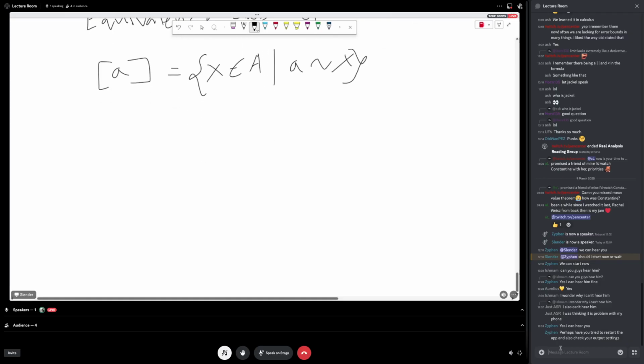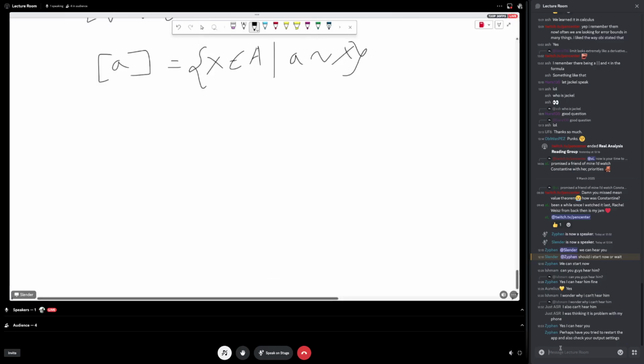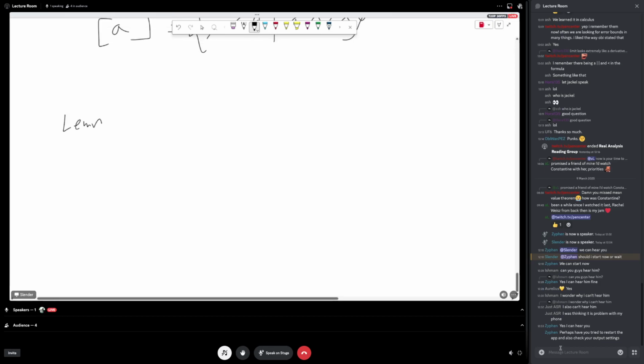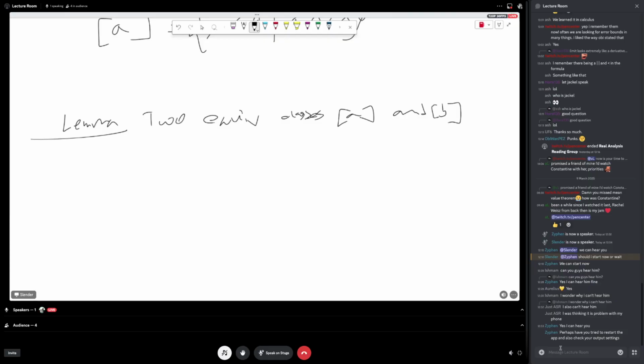Now there is a very helpful result we can actually use. We call this a lemma. We have a very useful lemma: two equivalence classes A and B are either equal or disjoint.